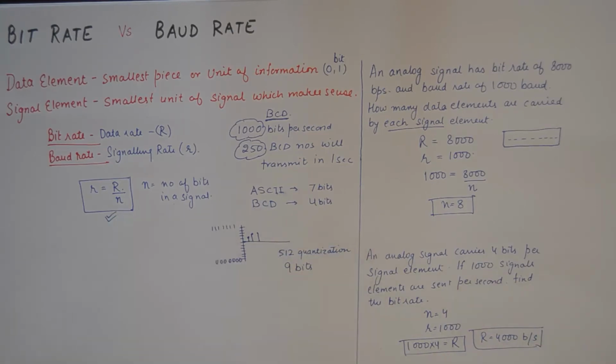So this is how the bit rate and baud rate are related to each other. They totally make sense once you understand how many bits are constituting a meaningful signal. The signal could be made up of 1 bit, 2 bits, 3 bits, 7 bits, 9 bits, any number of bits, and that would decide the baud rate of the transmission.